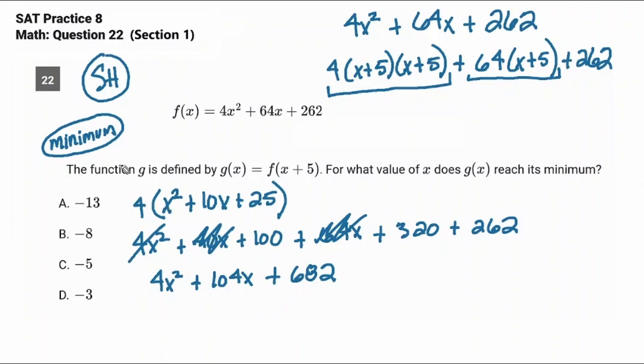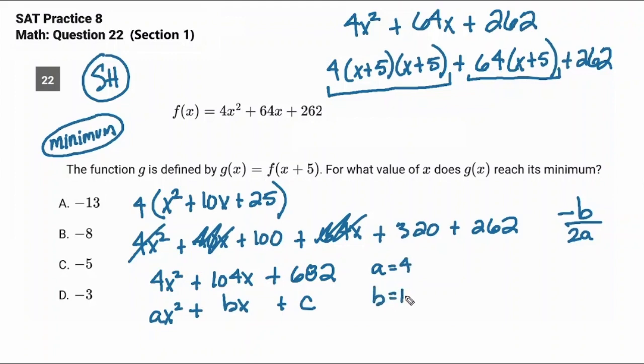You're looking for a minimum. A quadratic minimum, you just have to remember this. It's negative b over 2a. Why? Because math people say so. A quadratic function looks like ax squared plus bx plus c. So what is your a term? A is 4. What is your b term?